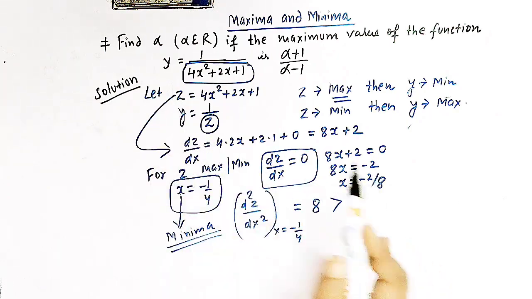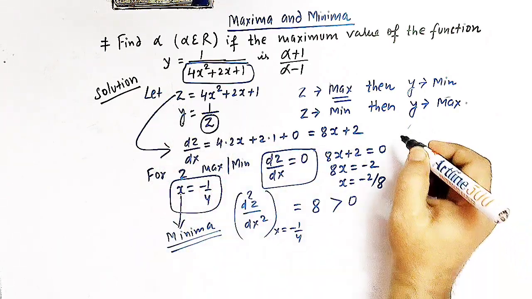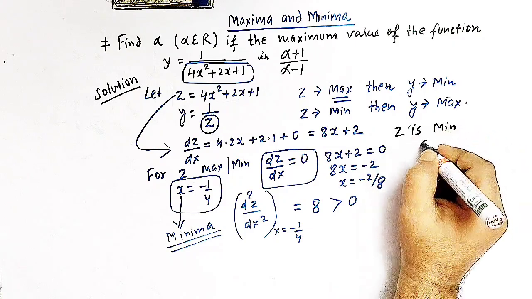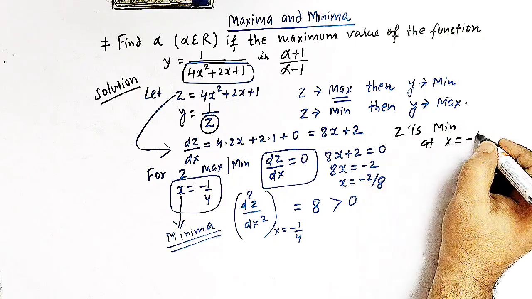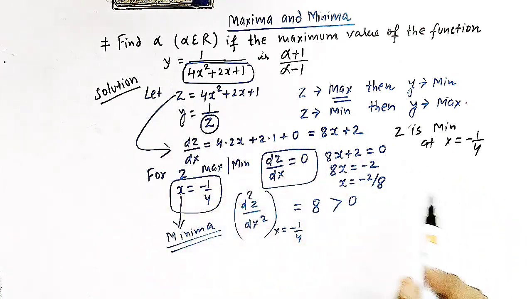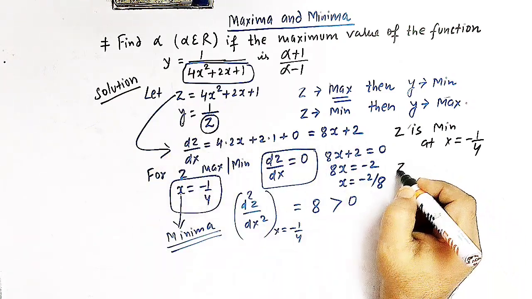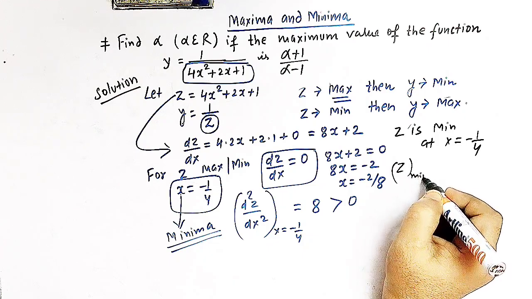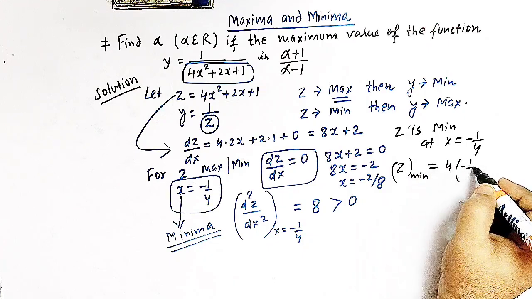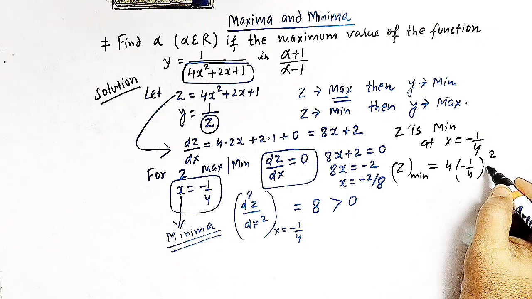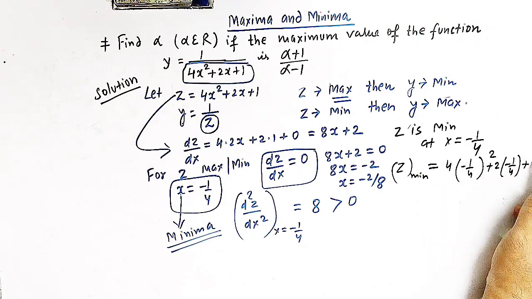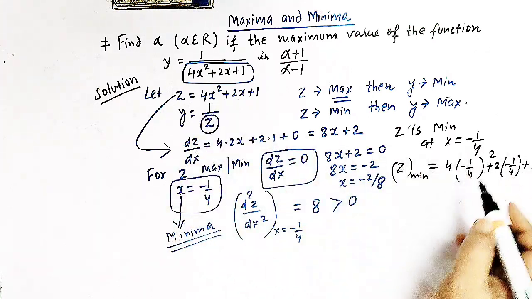So this function z, which is a quadratic function, is minimum at x is equal to -1/4. So let us find out the minimum value of z here. So z minimum is given by 4 times (-1/4) squared plus 2 times (-1/4) plus 1, taking x equal to -1/4.